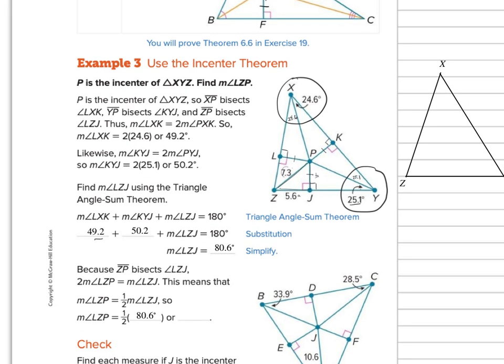They said, okay, we have 49.2, we have 50.2, plus this corner over here is equal to 180 degrees. They went ahead and subtracted 99.4 from both sides, and they figured out that this angle LZJ was 80.6 degrees.